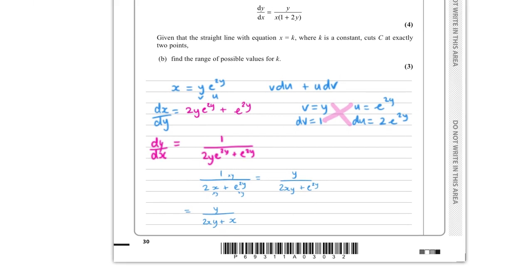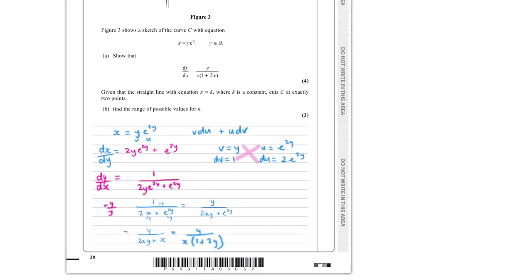Now you can see they factorized the denominator by taking out a factor of x, and I do get 1 plus 2y. This is all manipulation. Keep referring back to what they want and see what you can do, okay? Remember, if we multiply everything by y, we're essentially multiplying by y over y, which is a whole one. So it doesn't change anything.